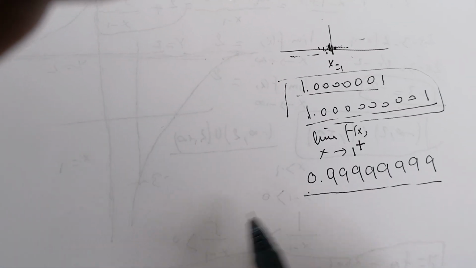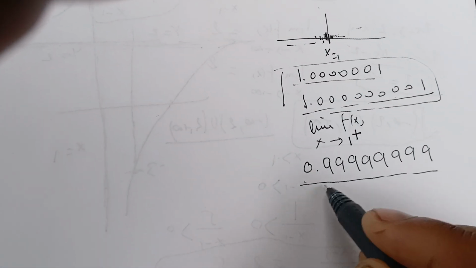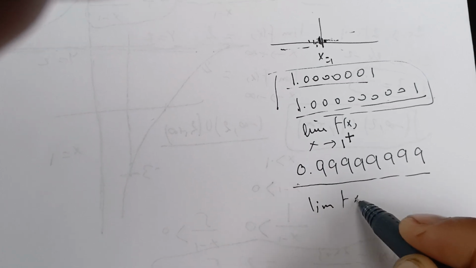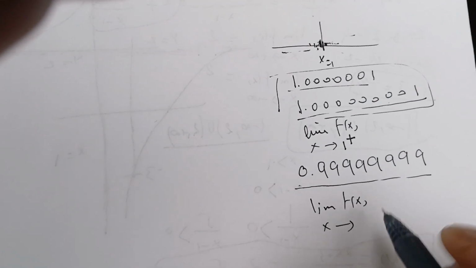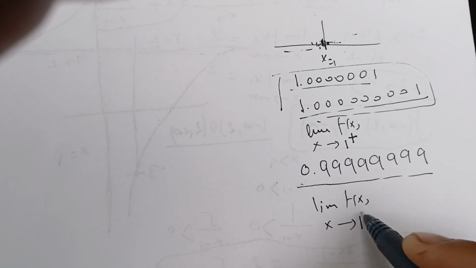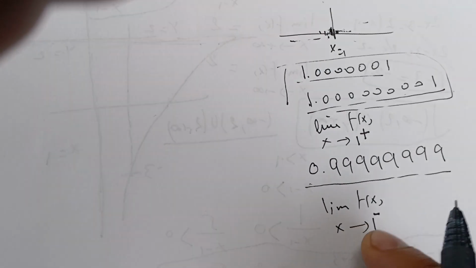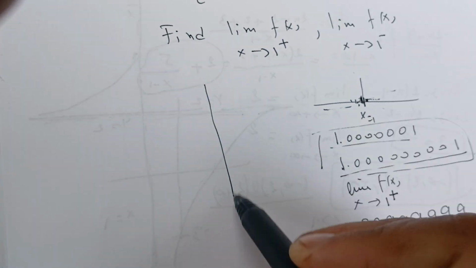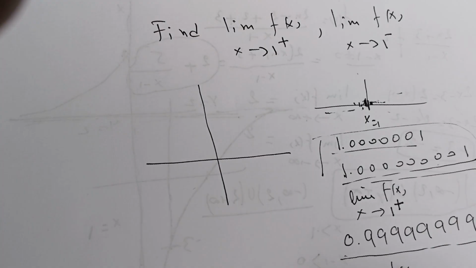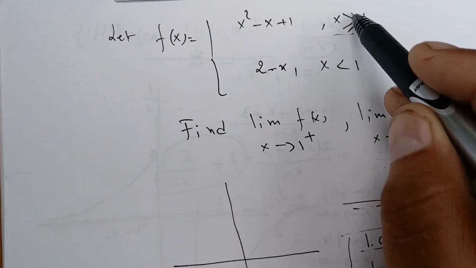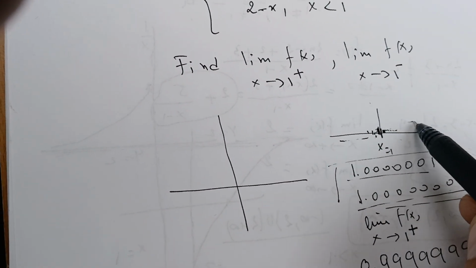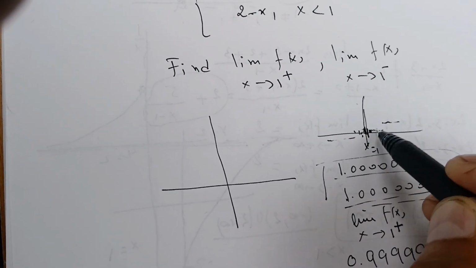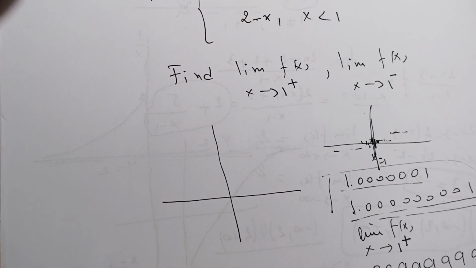So in our case, this is the limit of f of x when x is getting close to 1 from the left. In our case, we have two functions. Getting close from the right uses this function because x is bigger than 1.